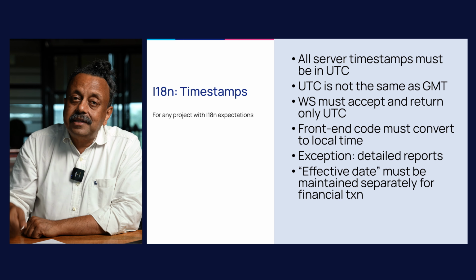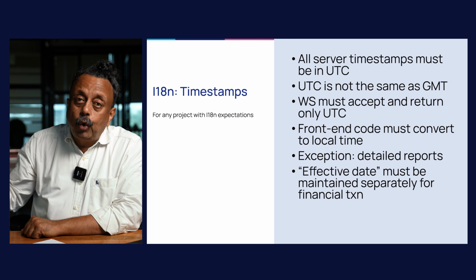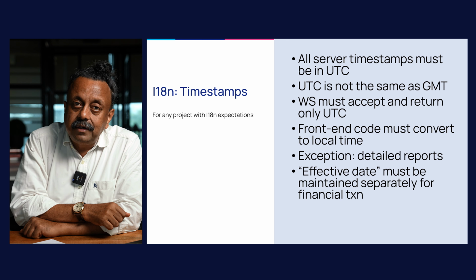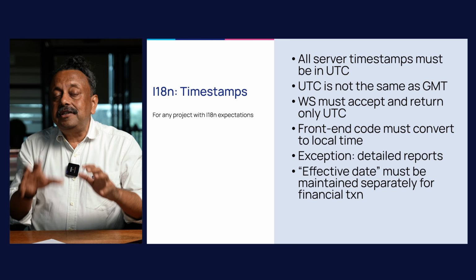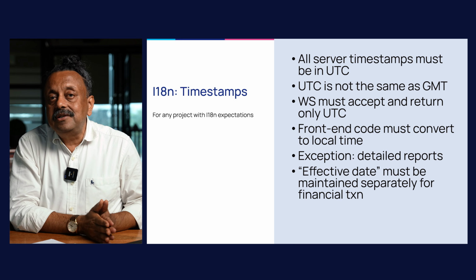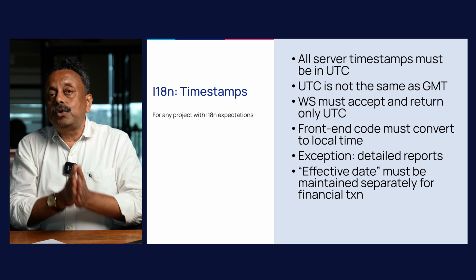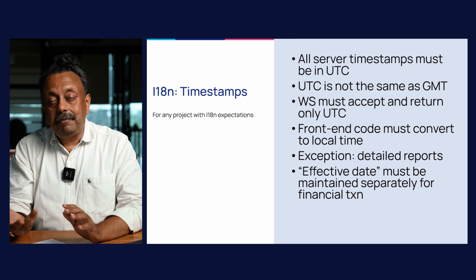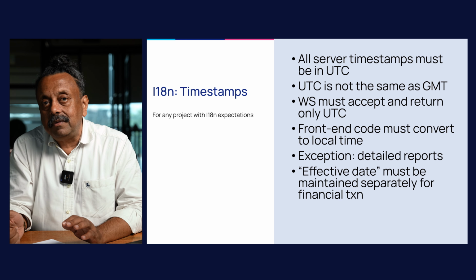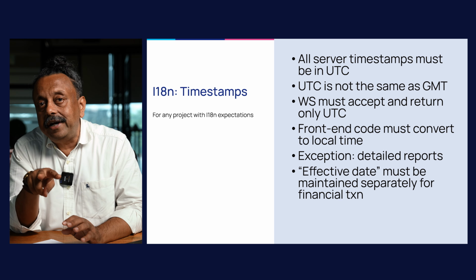Whereas legally, the transaction happened in its local venue, which was Singapore, on 10th February. So in these situations, just keeping the timestamp blindly in UTC is not good enough. You may also need to keep the effective date, maybe not the effective timestamp, but the effective date in the local time. So two fields may be required in your database table.